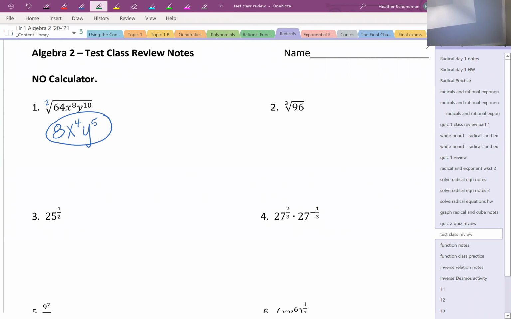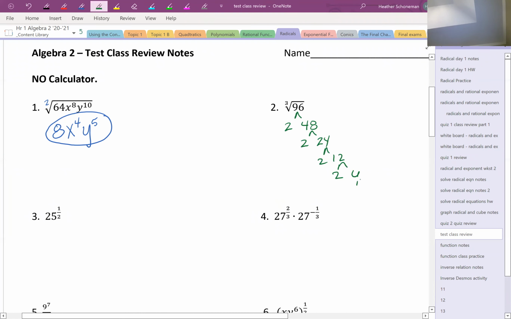On number 2, we have to simplify the radical. Because it's not a perfect cube, we're going to have to make a factor tree. So I have 2 and 48, 2 and 24, 2 and 12, 2 and 6, and 2 and 3. And we're looking for groups of 3.